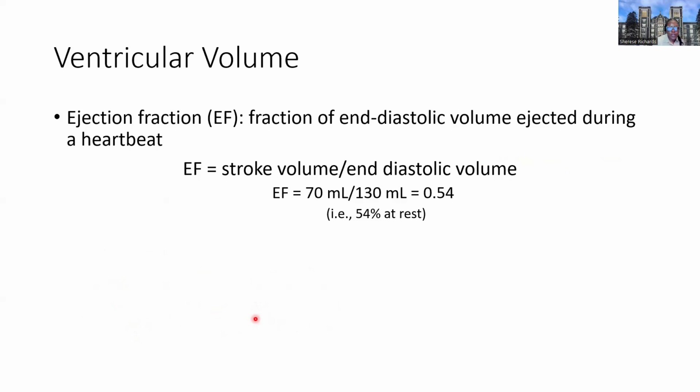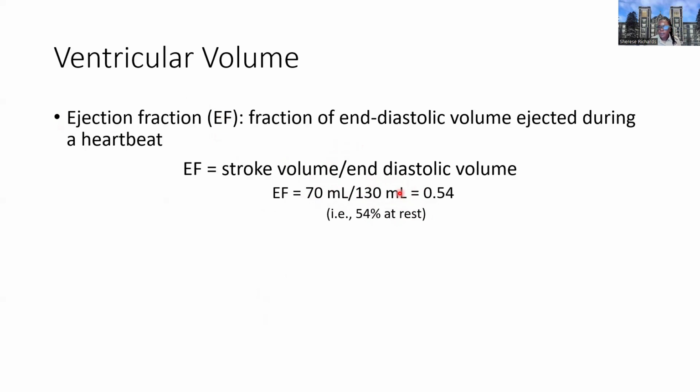Another fraction or another sort of volume that we can calculate based on those numbers is the ejection fraction. And this is the proportion or fraction of the end diastolic volume that was ejected. So if we had 70 mLs being ejected, based upon what we calculated as our stroke volume, and we divide that by our total volume filled, our end diastolic volume, now we can get a fraction.